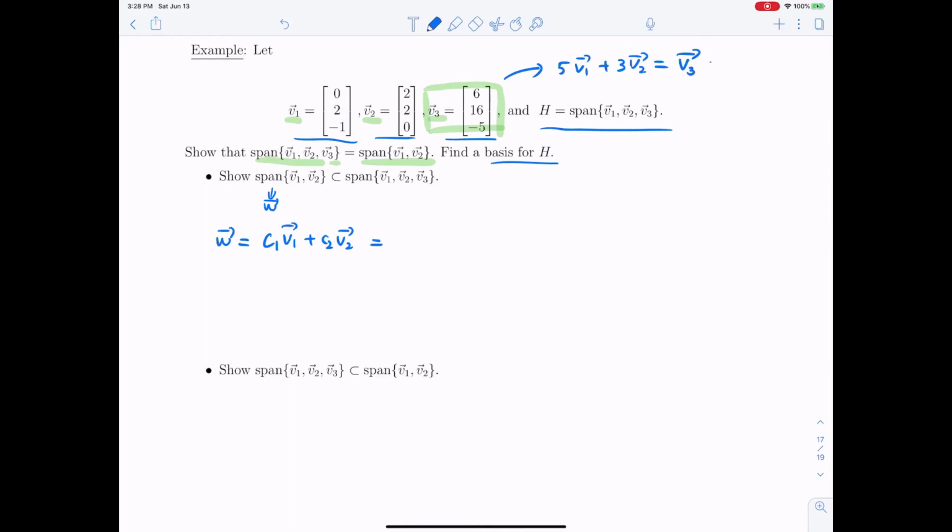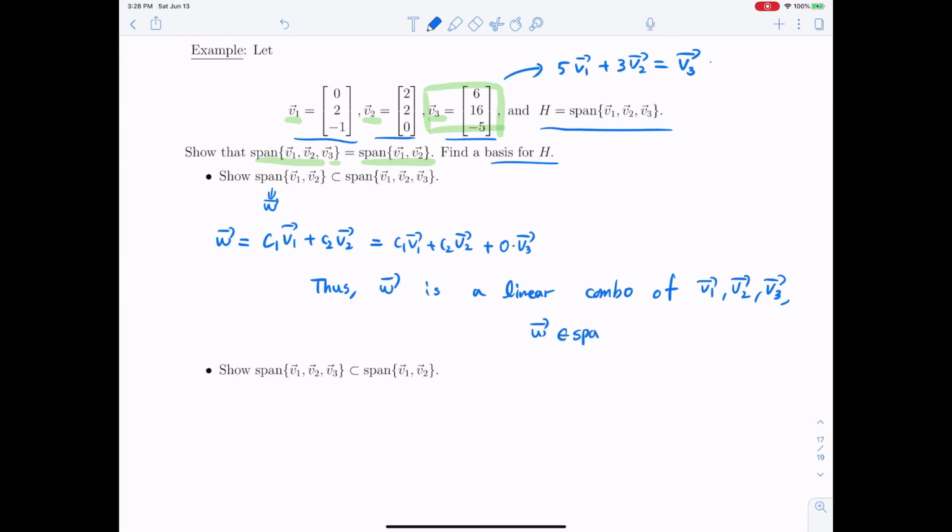But this equals c1 v1 plus c2 v2 plus 0 times v3. So this means w is a linear combination of v1, v2 and v3, or in other words, w is an element of the span of these three vectors.